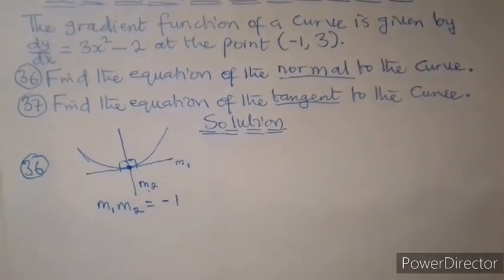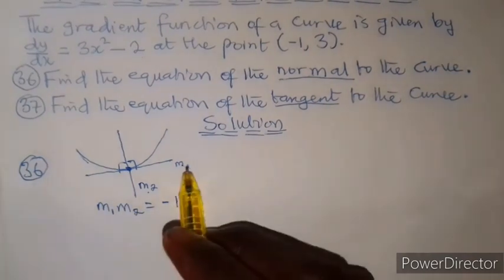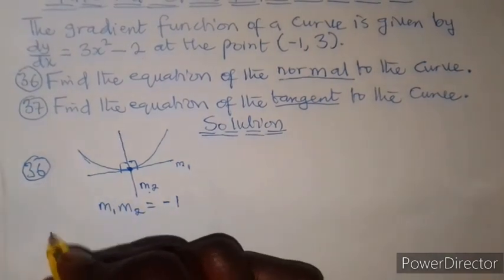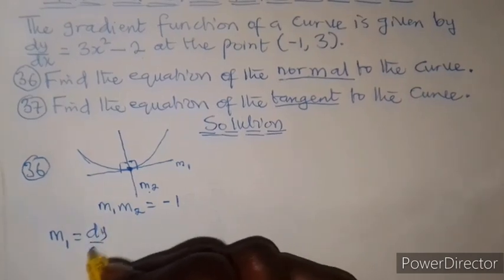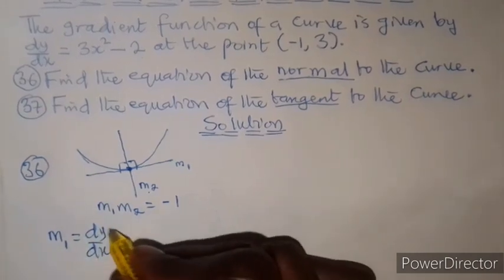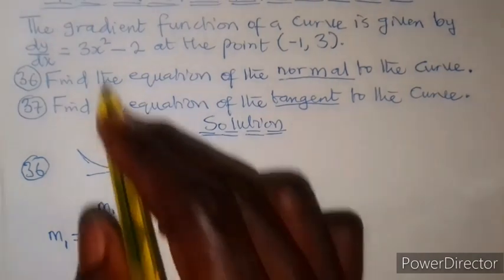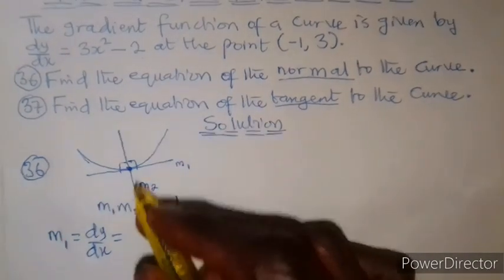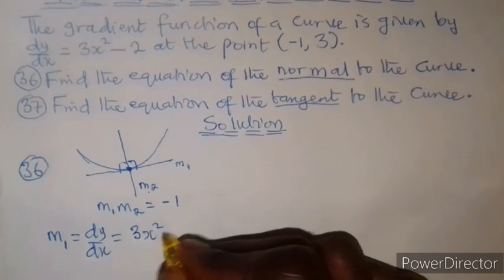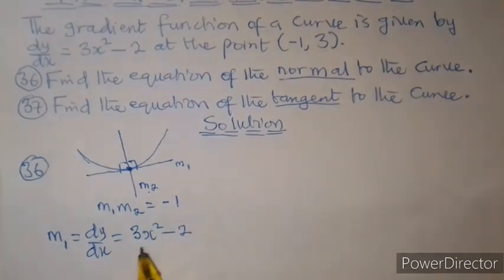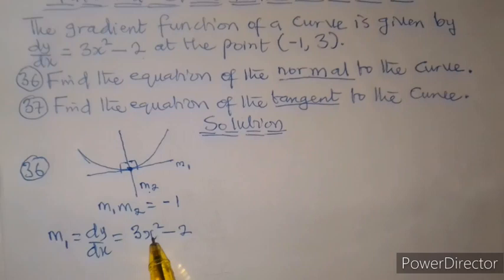Now the first thing we are going to note is to get our m1. So our m1 is actually dy/dx, the derivative of the given function, which gives us 3x squared minus 2. So if we know the value for x, we can get the value for m1.